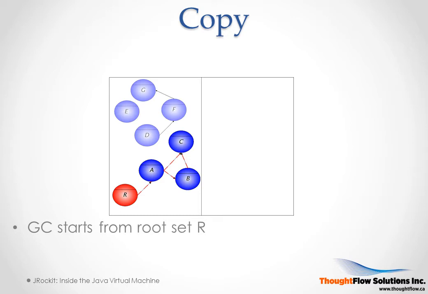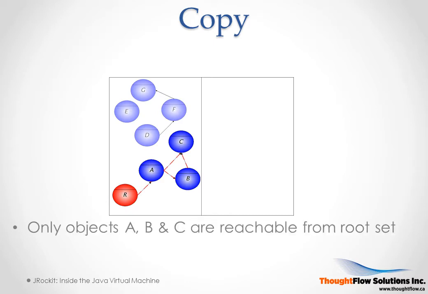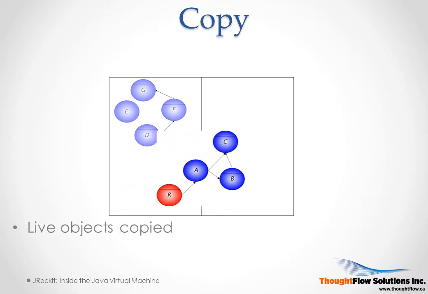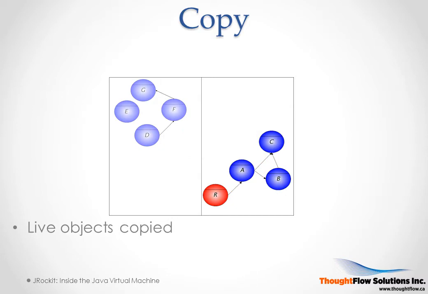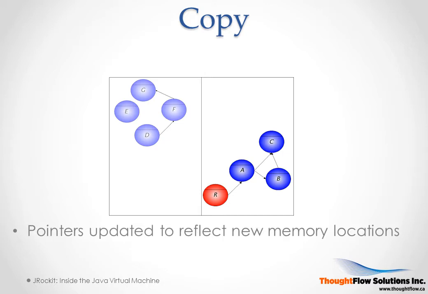And it starts from the root set, known as R in this case, and this is really the root to determine which objects in memory are active. In our case, only objects A, B, and C are reachable from the root set, so this is obviously very simplified memory, just for example. When garbage collection kicks in, the live objects are then moved over to the second memory.